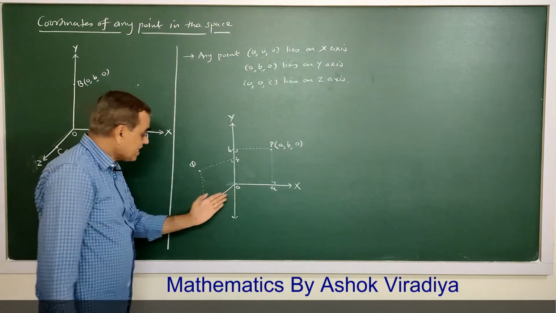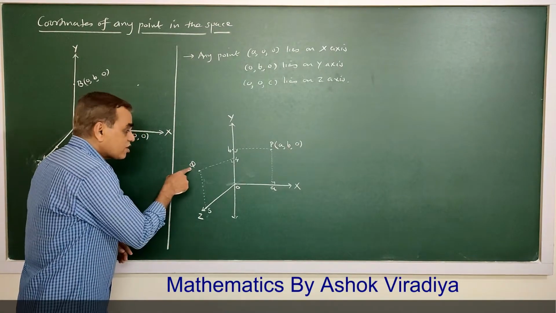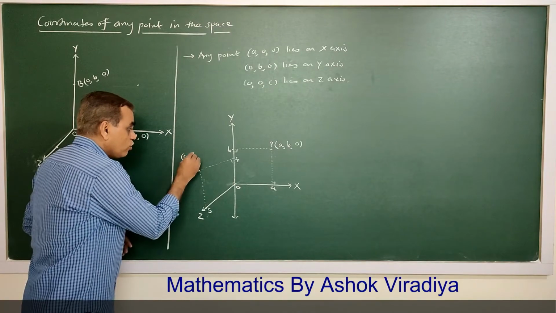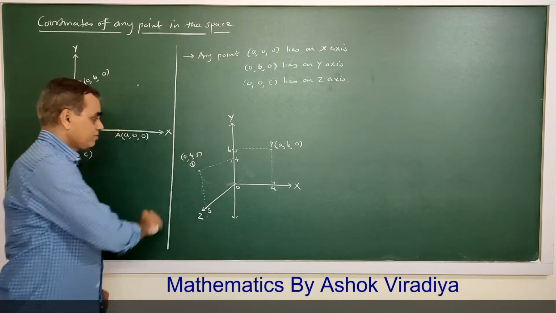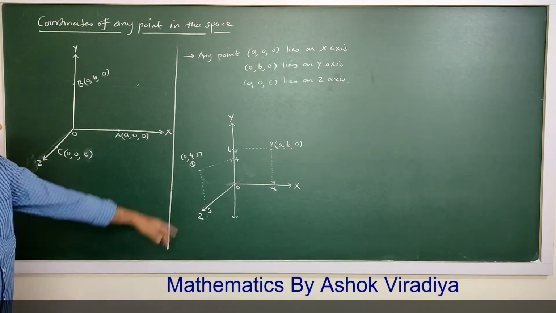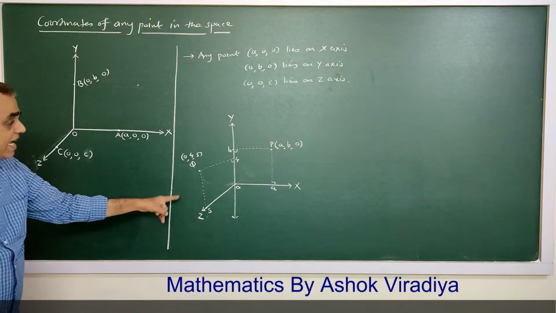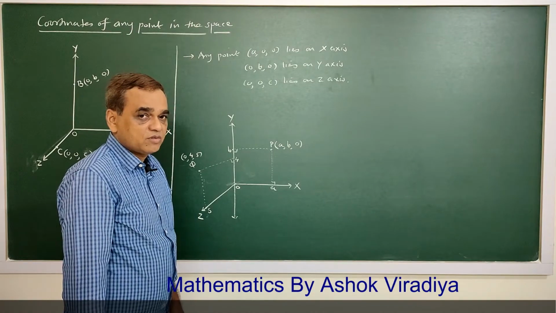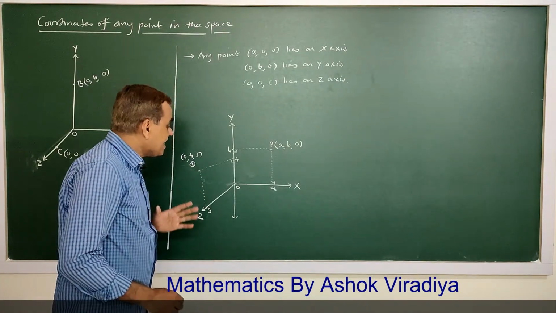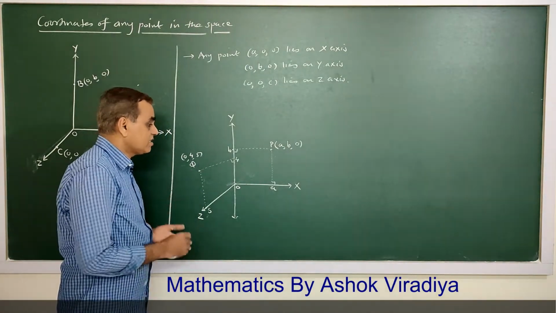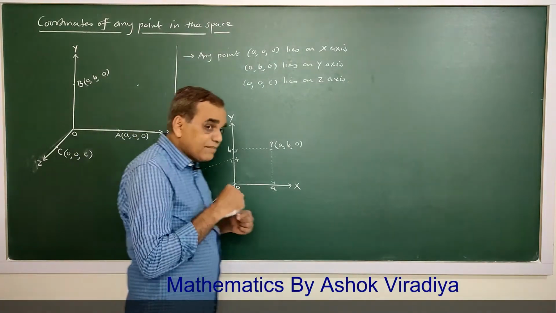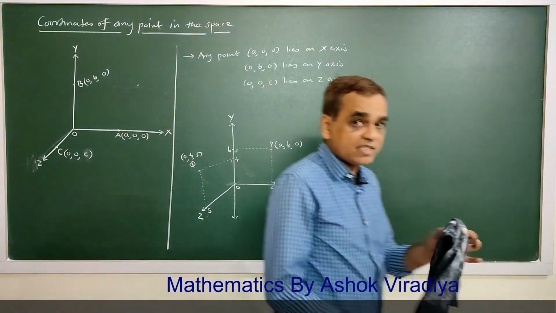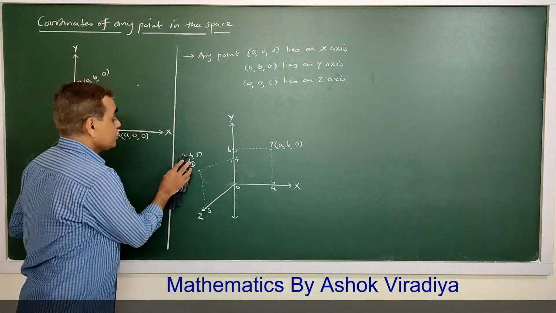Any point on the yz plane has x coordinate 0. So the coordinates of Q are (0, 4, 5). Similarly, any point which lies on the xz plane has y coordinate 0.